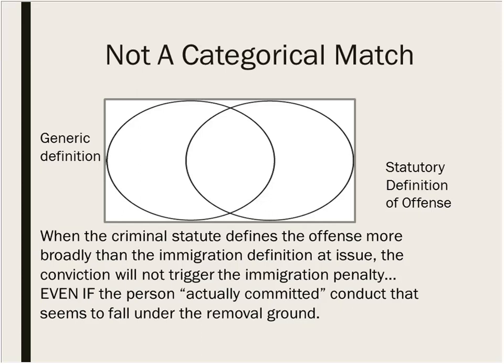So you might be thinking, okay, but everybody knows that my client actually had cocaine. And again, for the categorical approach, it does not matter, because what matters is what your client was actually convicted of, not what they actually did.